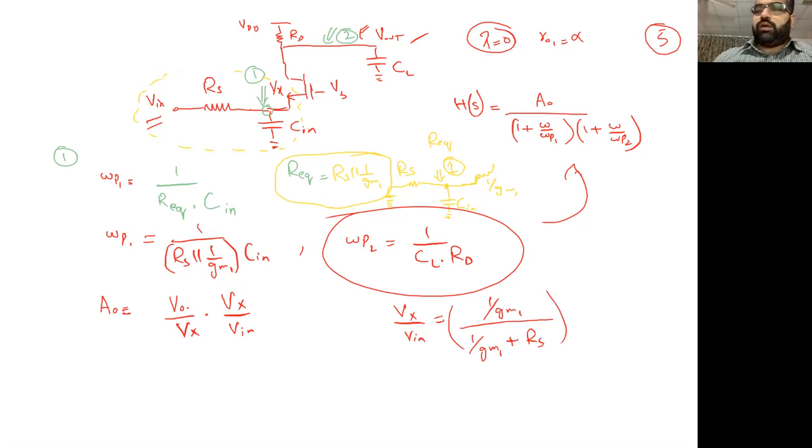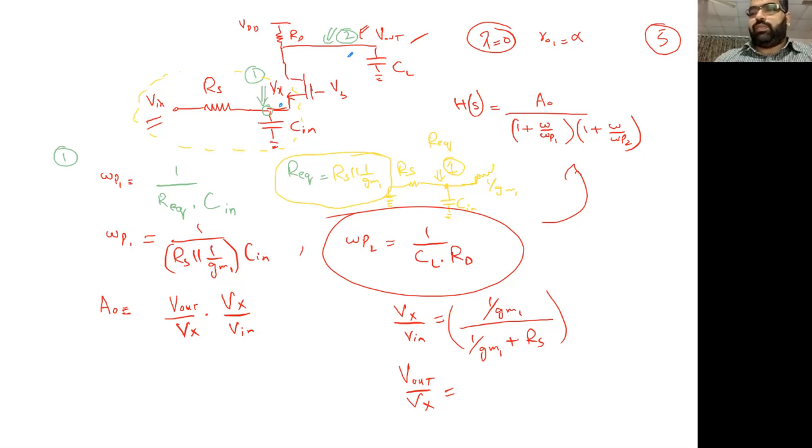And the other one, we are all familiar with now: V out by Vx, from this point to this point. So we are talking about this point and this point. Now we all know it's a common gate, so it's going to be a non-inverting amplifier.